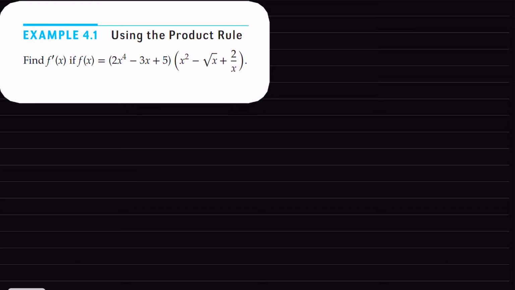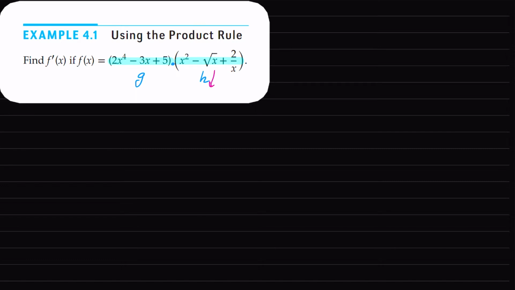So using the product rule, we will find f prime of x. We have 2x power 4 minus 3x plus 5. This is our first function, and this is our second function. And there is a multiplication between them. Let's call the first one g of x, and the second one h. Now, if you look quickly, the second function has a square root.